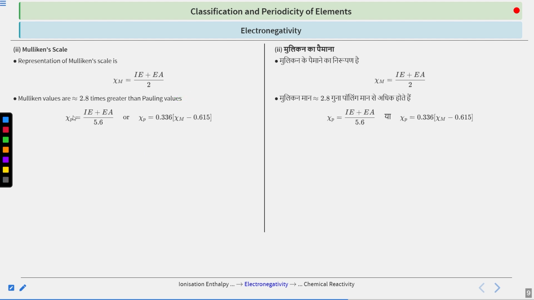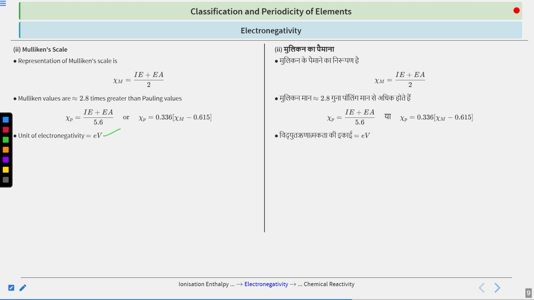If you want to write the Pauling scale in terms of Mulliken's scale, simply divide by 5.7 in place of 2. Or you can write it in this way also, that your Mulliken scale and Pauling scale are related in this way.